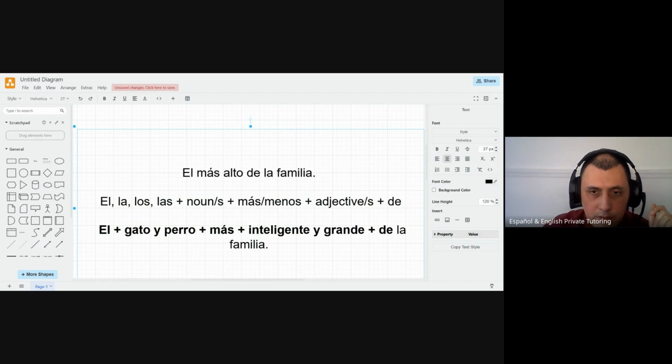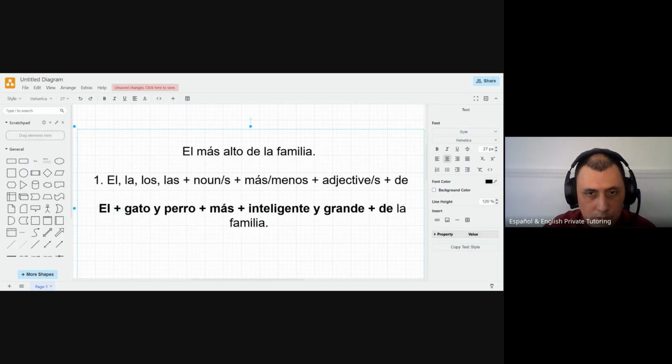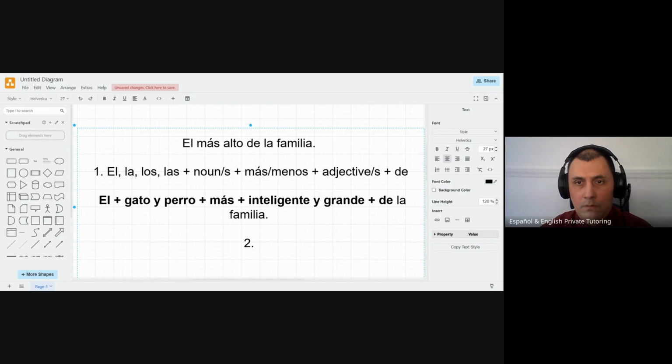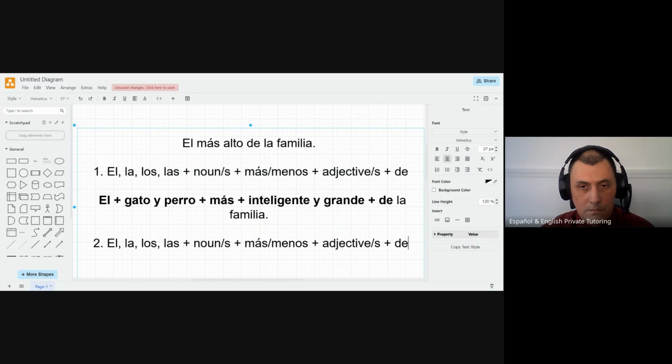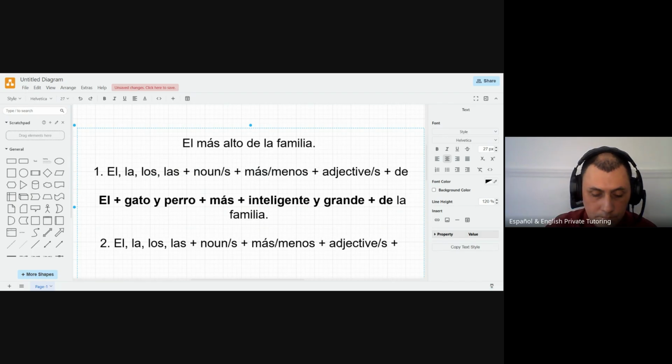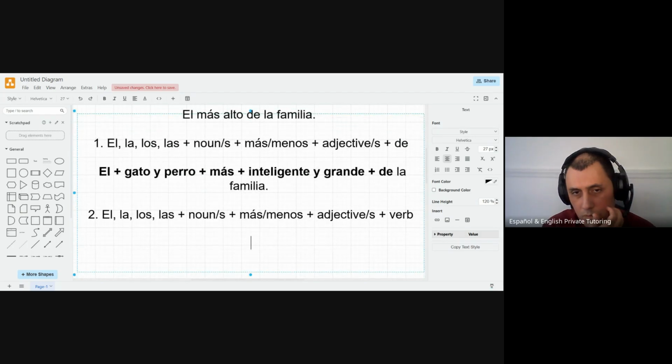I'm going to put it here. So the second formula will be, this is the first formula. The second formula could be this one, plus verb. I'm going to give you the example.